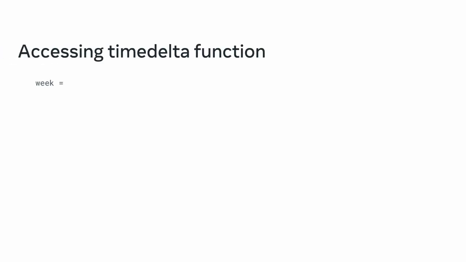So, to find the date in 7 days' time, you can create a new variable called week. Type the dt module and access the timedelta function as an object instance. Then pass through 7 days as an argument. Finally, instruct Python to print the results of the variable. When executed, Python returns the value of the date 1 week from now.